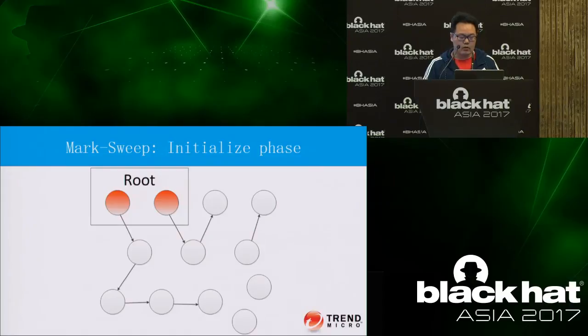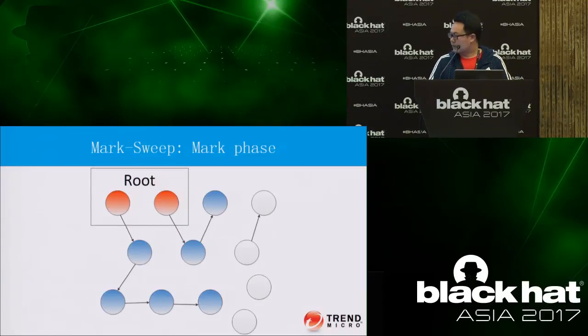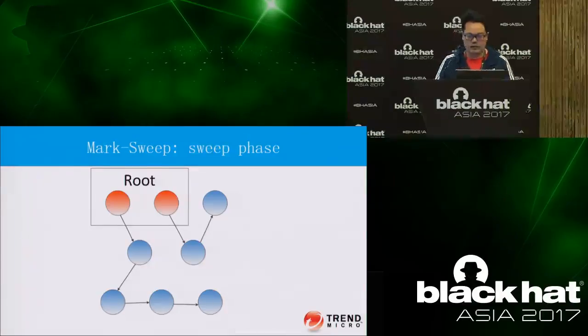When we call the collect garbage function, it steps into the mark phase. In the mark phase, it scans all the objects allocated by the GC. If an object is reachable from a root object, it will be marked. If the object is not reachable from a root object, it will not be marked. When the mark phase finishes, it steps into the sweep phase.